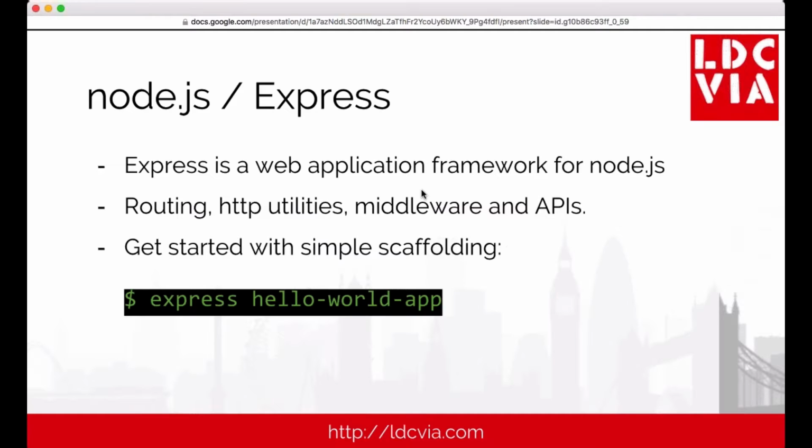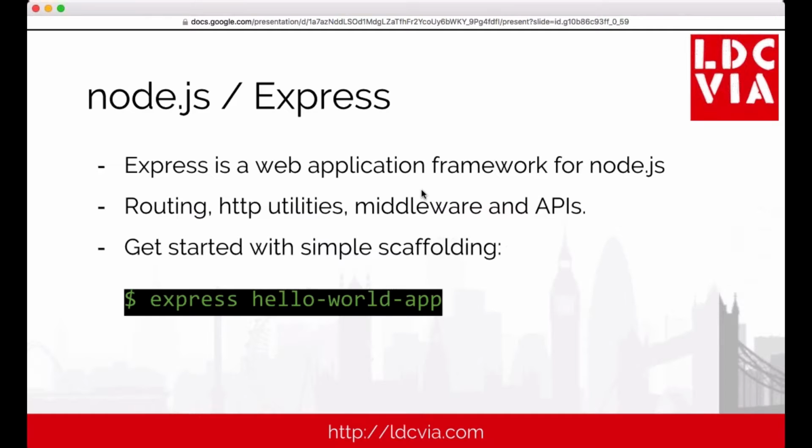Now, the routing capabilities, so how you're actually handling all those different web addresses in your application, are very similar to those found in Sinatra, which is an extremely popular web application framework for Ruby, and it was the inspiration for Express. Rather like Sinatra and other frameworks on other platforms, Express also offers what's known as scaffolding.